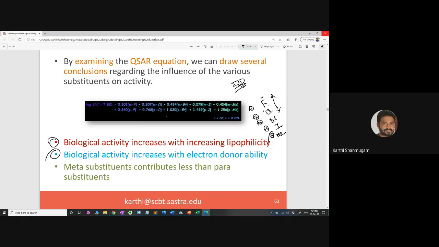Again, I am waiting for your answer. My question is, which of the following is a very strong electron donor? That's my question. If you answer, I'll proceed further.